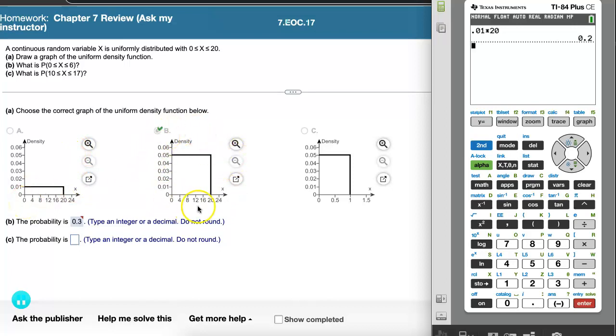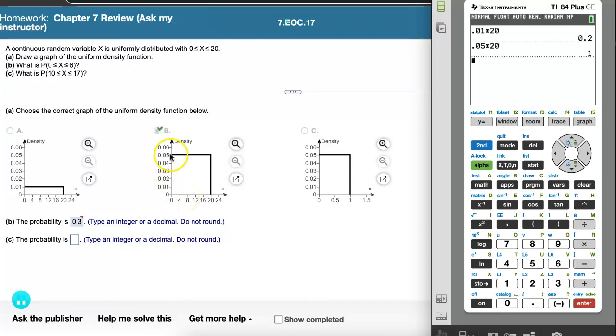When we check choice B, multiplying the height of the density function times the length, we get 1. So again, I'm using the fact that this uniform density function creates a rectangular shape, and the fact that the area of a rectangle is height times width, or length times height, or base times height, however you want to say that.